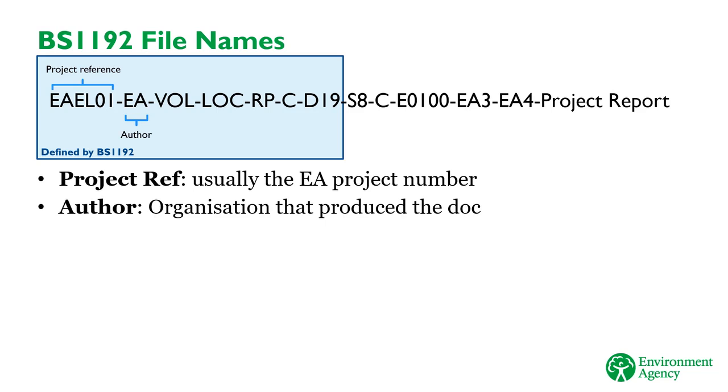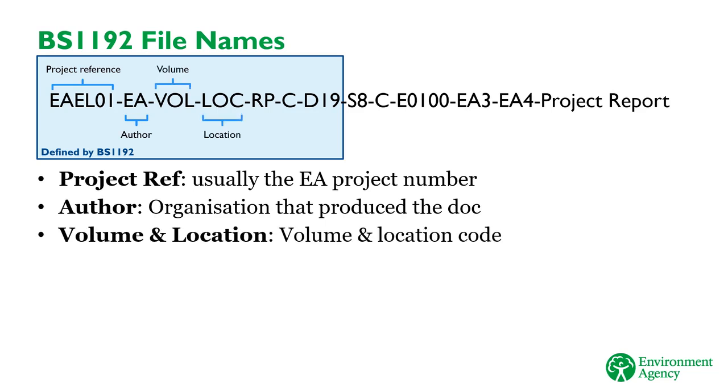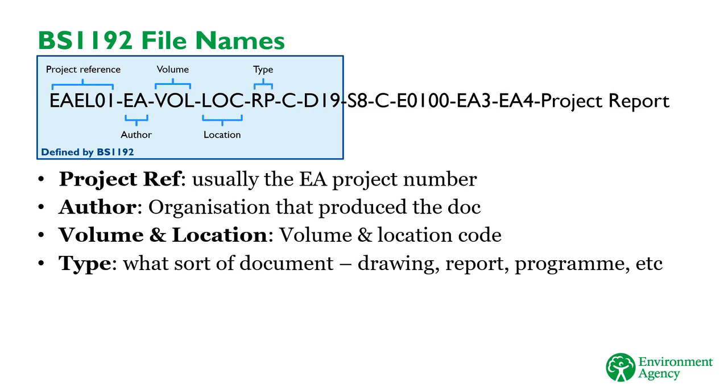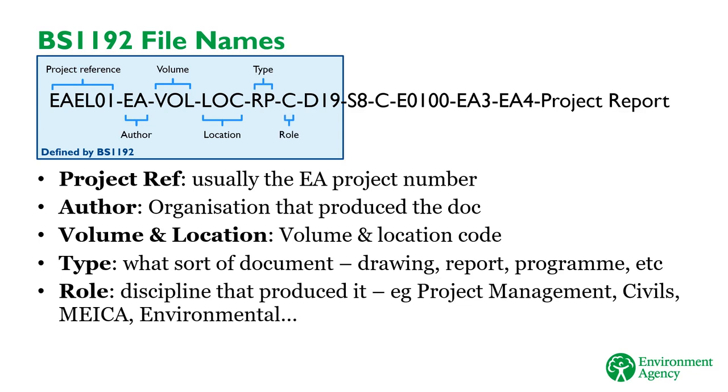The volume and location codes are the next 2 fields. These codes define which volume and location the document relates to, using the codes set out in the project volume and location strategy. Type is the next field. This identifies what type of document it is, for example, whether it's a drawing, report, project program, etc. The 6th field contains the role, which tells you the type of discipline that produced the file.